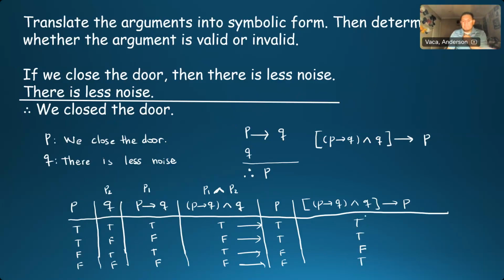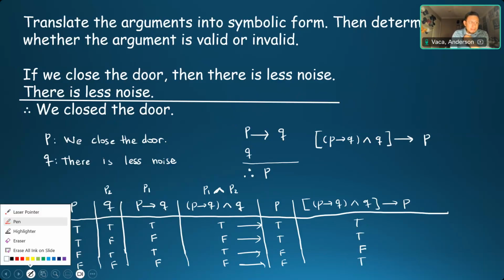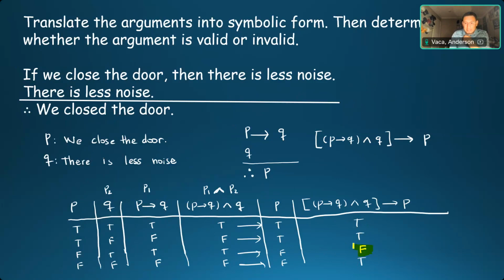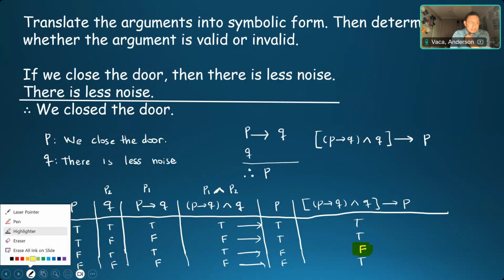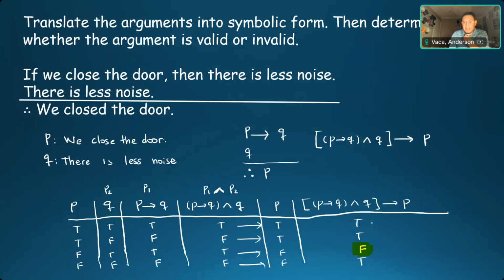Okay, what's the big deal? This is not a tautology. Look at the highlighter. This is not a tautology because one of those outputs, I'm calling it outputs, one of these values, the whole thing is not true. So this is not a tautology.